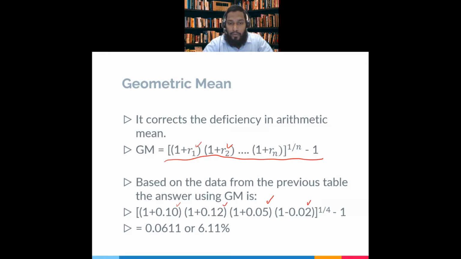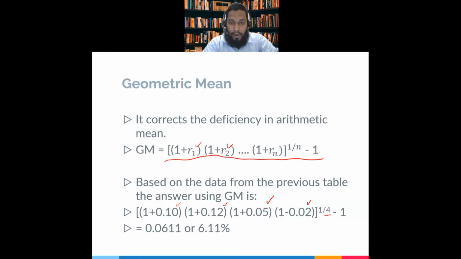So if we multiply all of these, and then to the power, and here the power 1 divided by n, n is 4 here because there are 4 periods. So 1 divided by 4 will be 0.25.